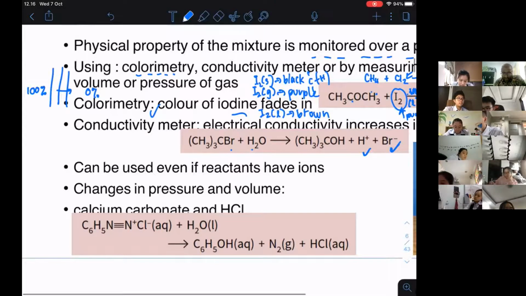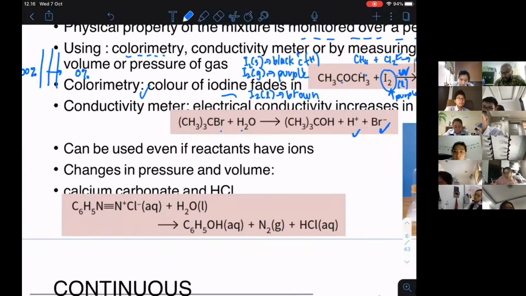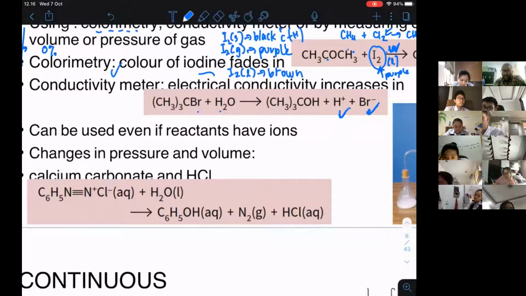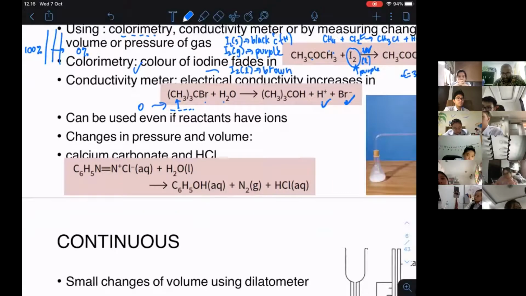Another method is the conductivity method. I already told you, if you have free moving ions being formed, you can use electrical conductivity: previously no electrical conductivity, now the electrical conductivity is going to increase over time, so I can use that graph. It can be used if the products have ions.